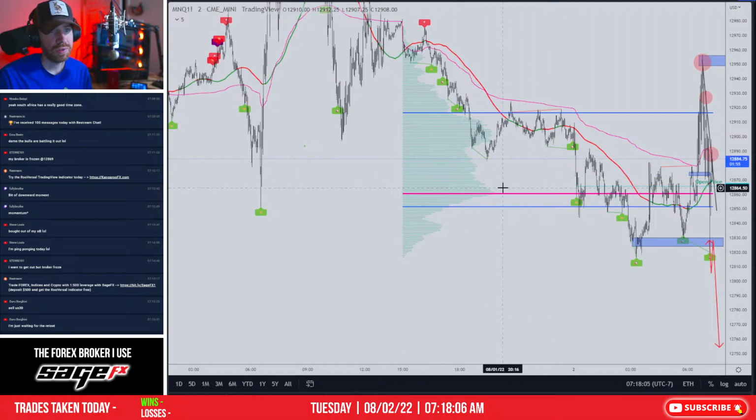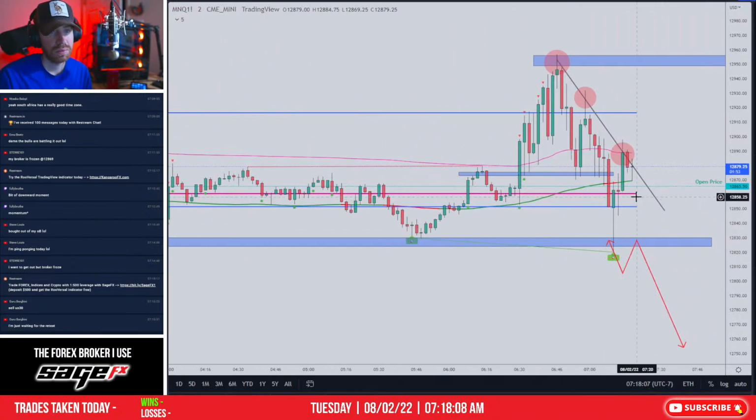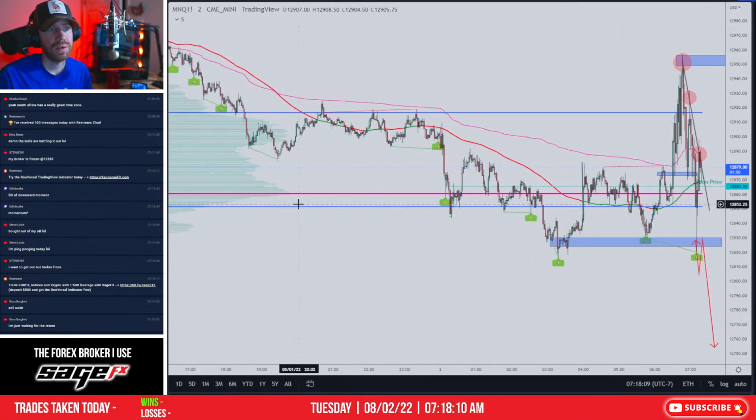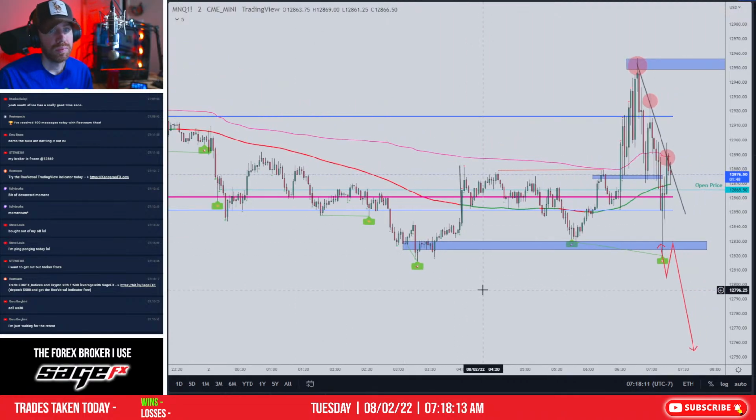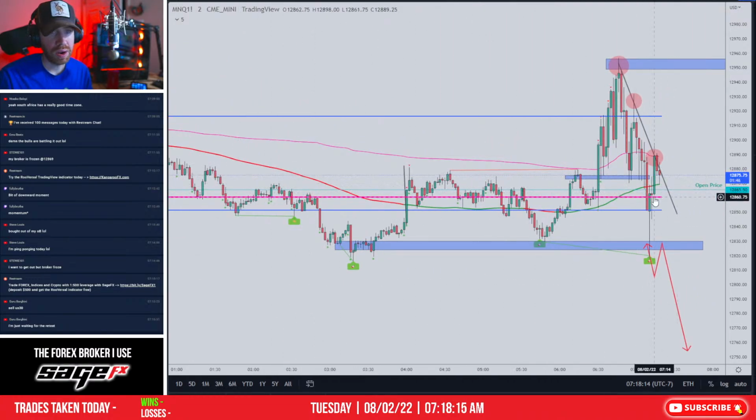Had a volume shift just now also, right down here. Most volume of the morning has been traded right here at this level.